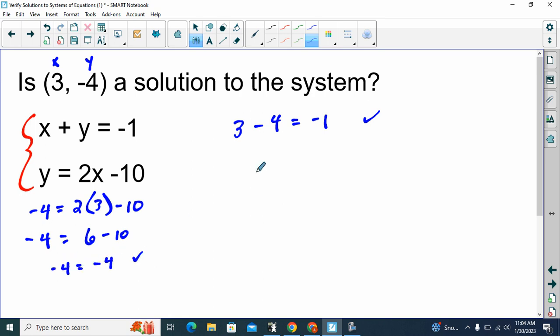I again get a true statement. This ordered pair works in both equations, so yes, it is a solution. It has to work in both.